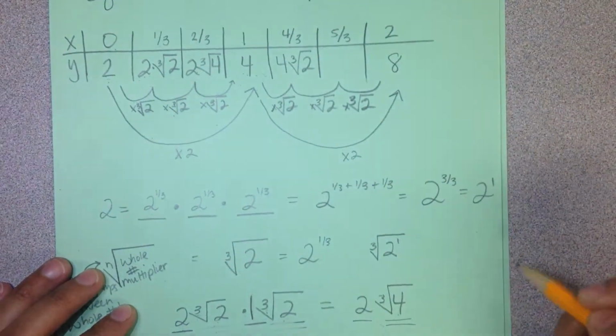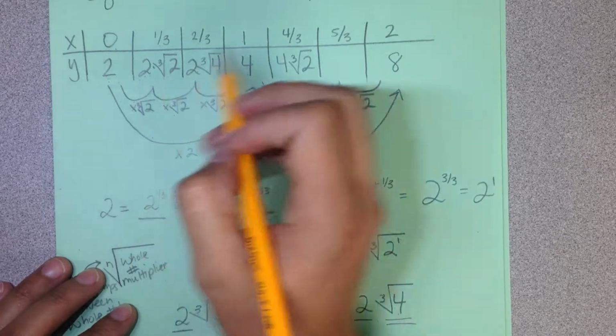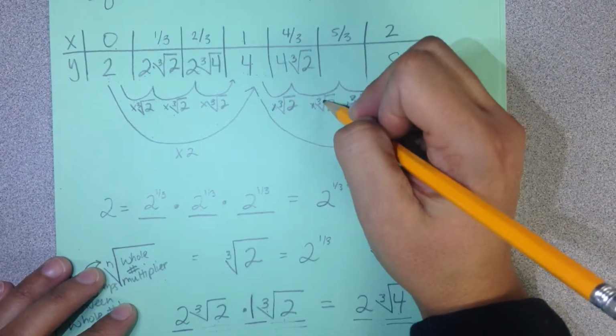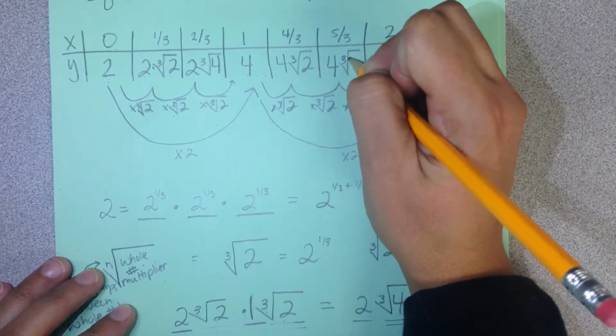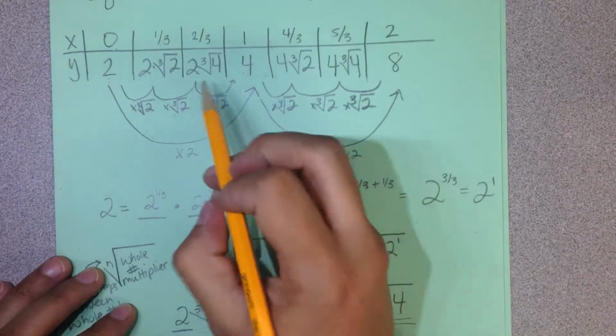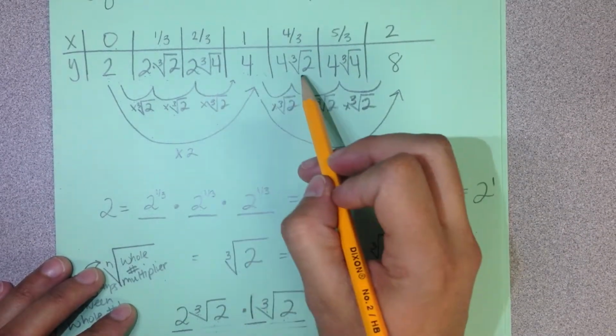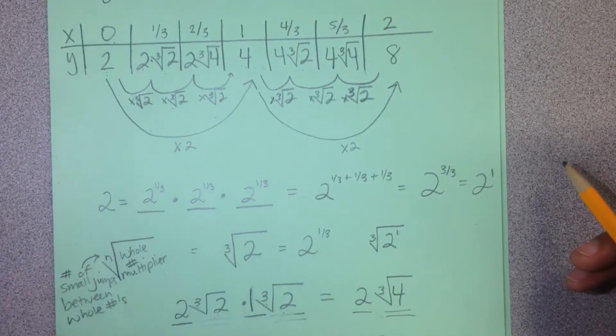We cannot put those together, just like we couldn't put 2 and cube root 2 together. And then you'll actually see a pattern. When you multiply that again, you're going to get 4 times the cube root of 4. So there's a pattern going on. Cube root 2, cube root 4, cube root 2, cube root 4, whole number. So that's how you fill in the table.